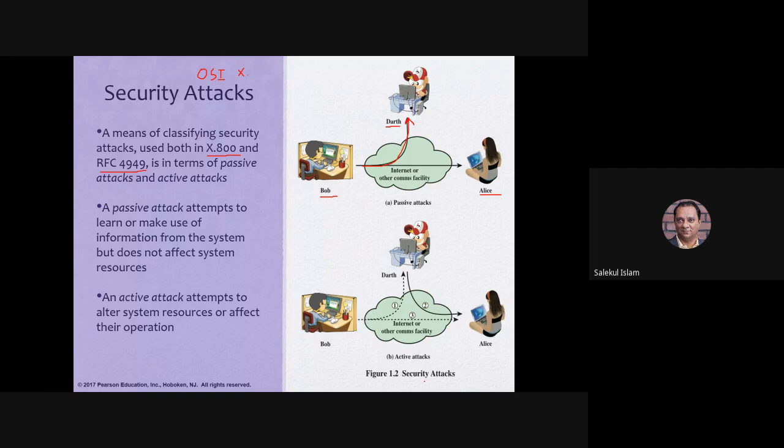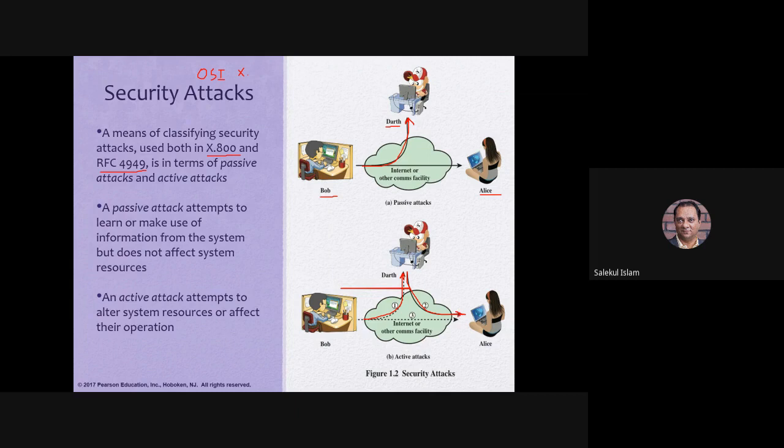In case of active attack, here Bob is sending some messages to Alice, but Dart is capturing this message first. And then Dart is modifying that message, and Dart is maybe sending that modified message to Alice.